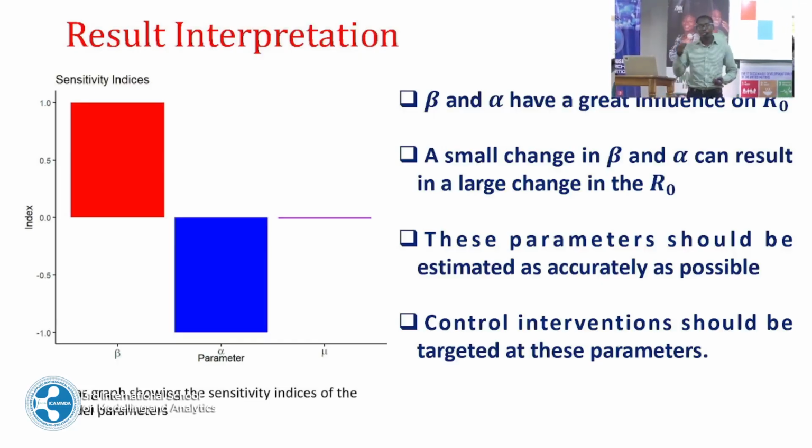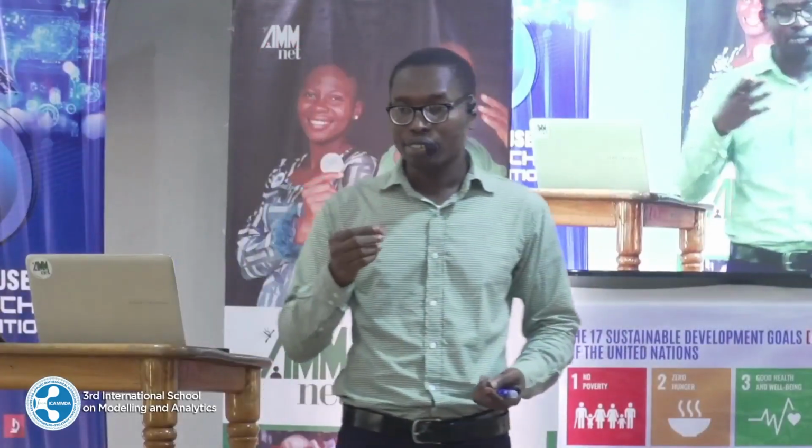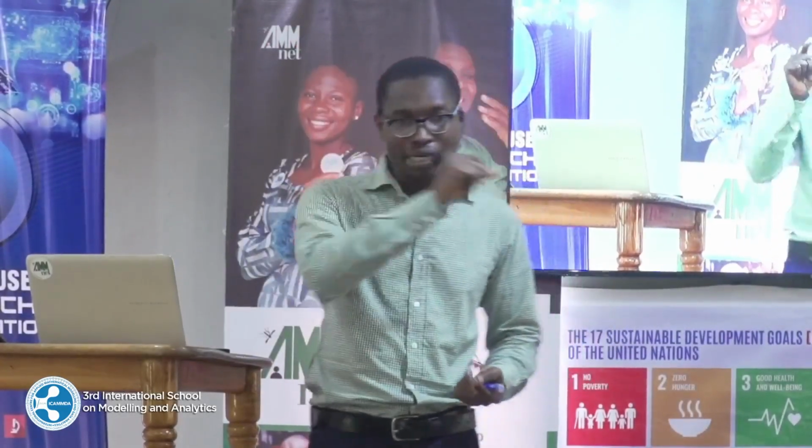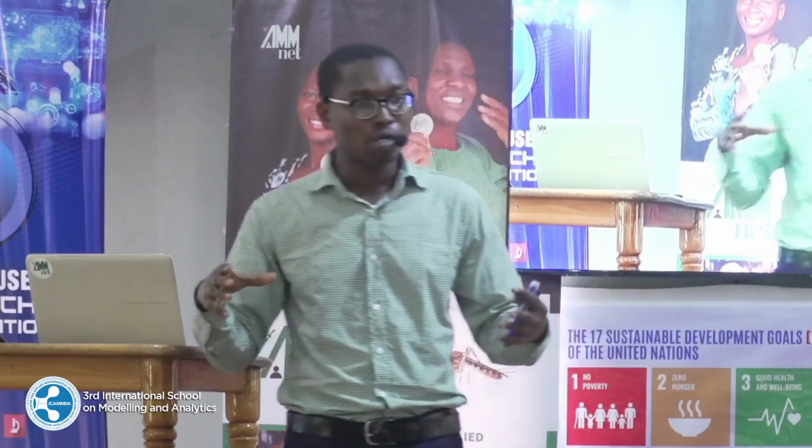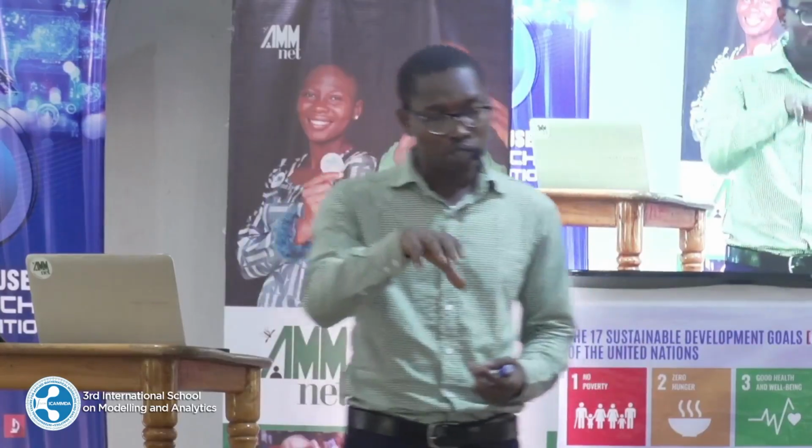For instance, I did a sensitivity index for a malaria model some time ago, and just like our mu here, the mu m for mosquitoes now, not for humans. So it means that we need to put in more control measures that target killing those mosquitoes.